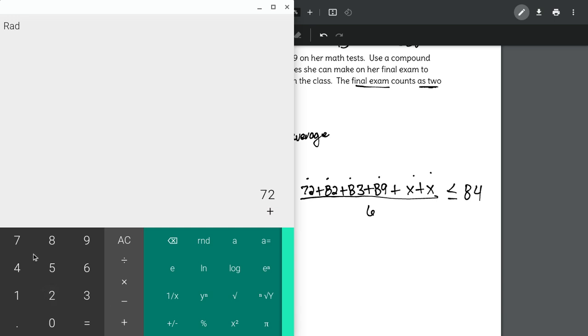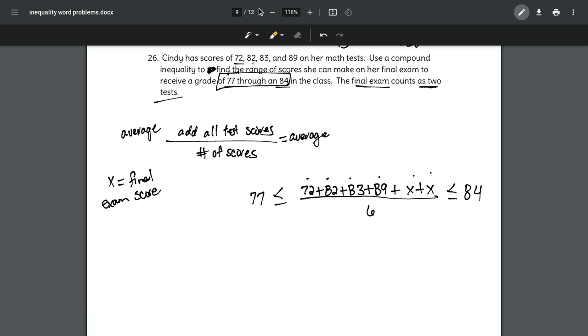72 plus 82 plus 83 plus 89 is 326. Okay, so I got 326 plus 2 of those X's divided by 6 is less than or equal to 84.